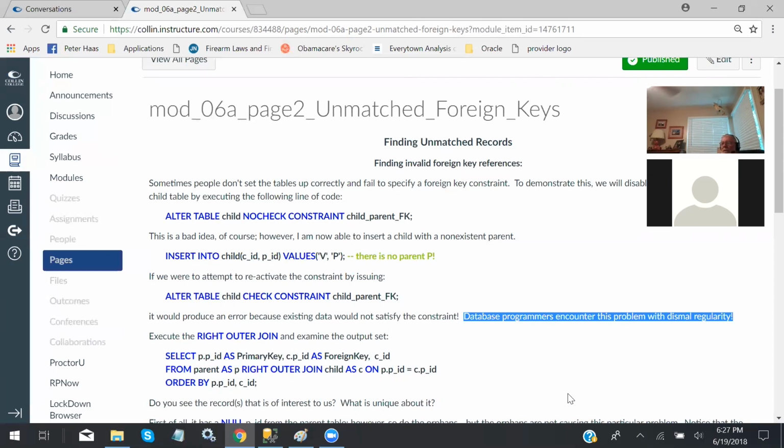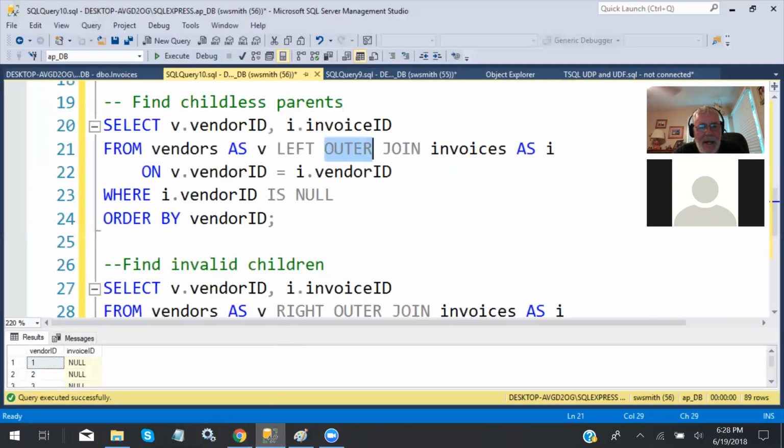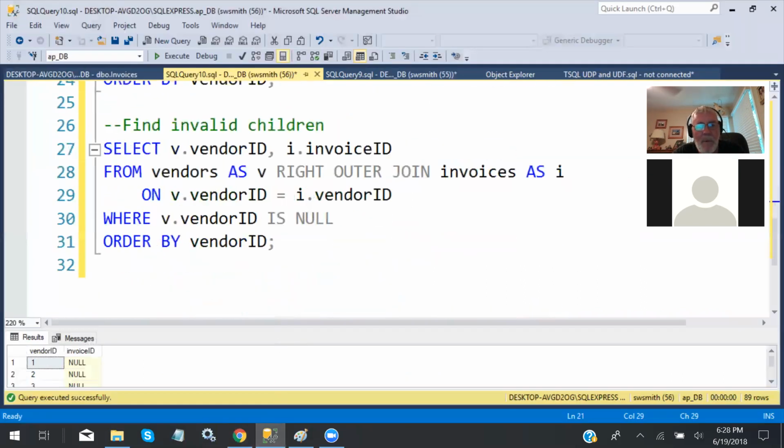They will just put the data in there, and they'll get data in the child that has an invalid parent, or they'll delete the parent and end up with invalid children. It happens. And so under this condition, invalid children, I point the join at the child.